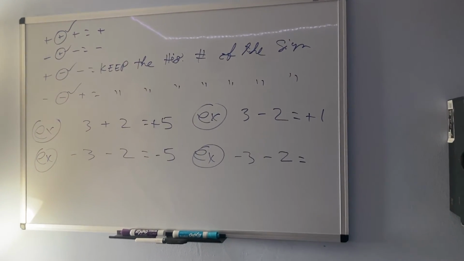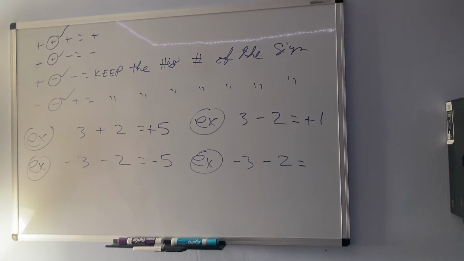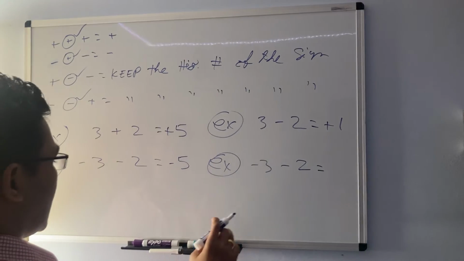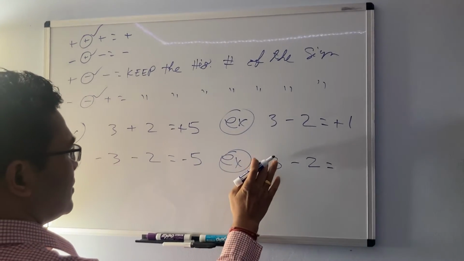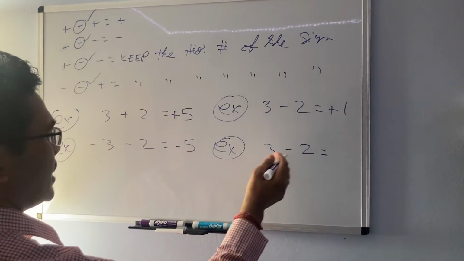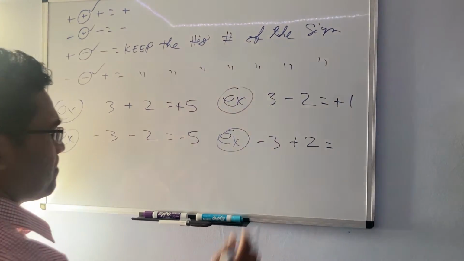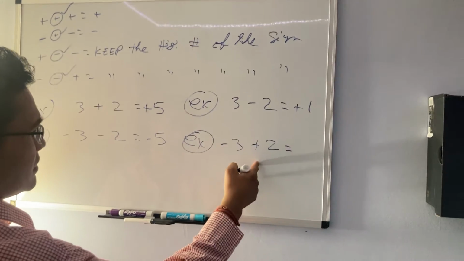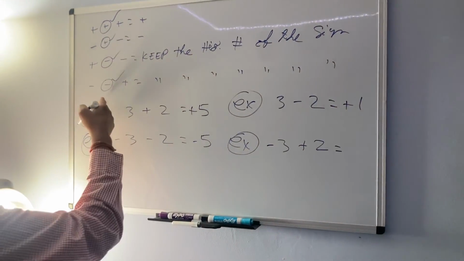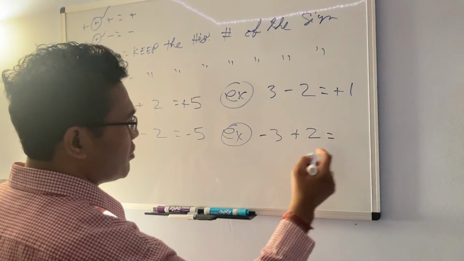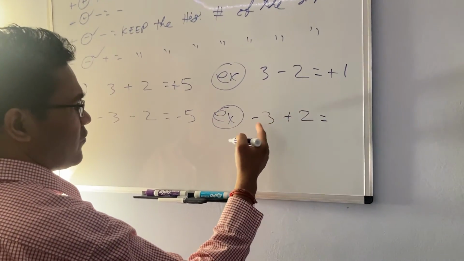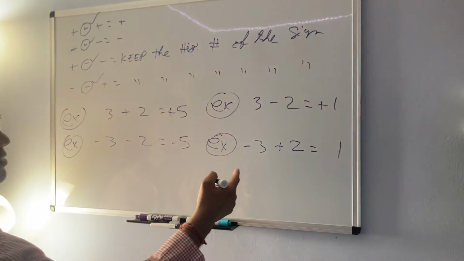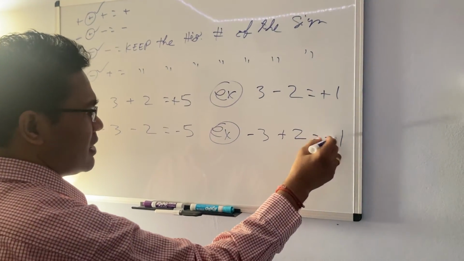In this case, the signs are different. When the signs are different, you always subtract and keep the sign of the highest number. So from 3 take away 2 is 1, but the highest number's sign is negative.